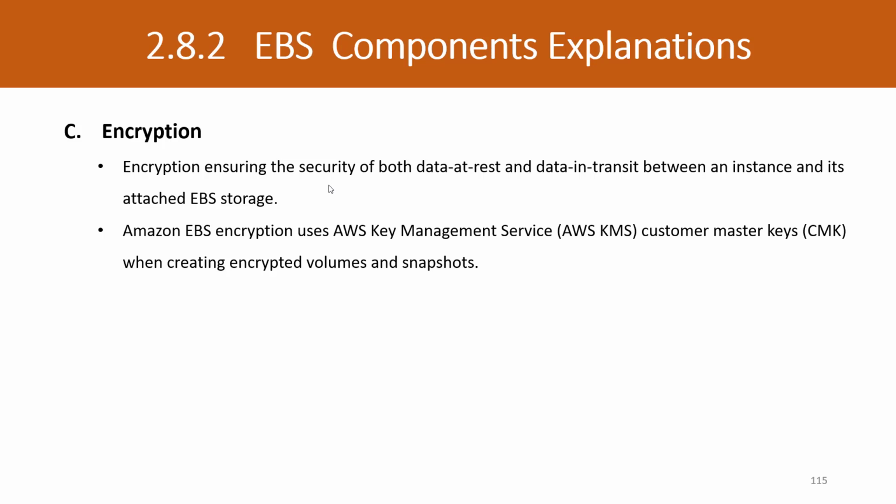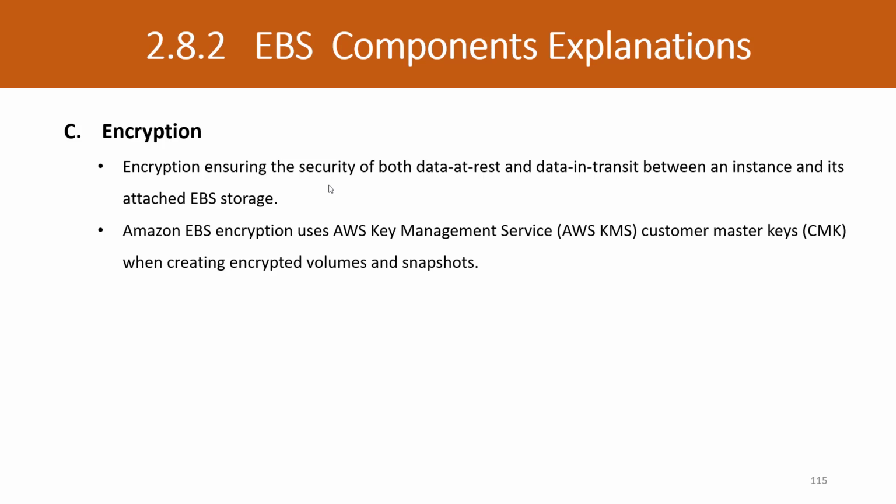It is really important because most organizations have their encrypted snapshots. So suppose you have a volume which is encrypted and you want to attach it to EC2. EC2 should have rights to decrypt this.